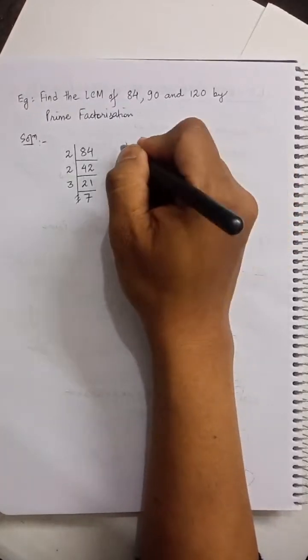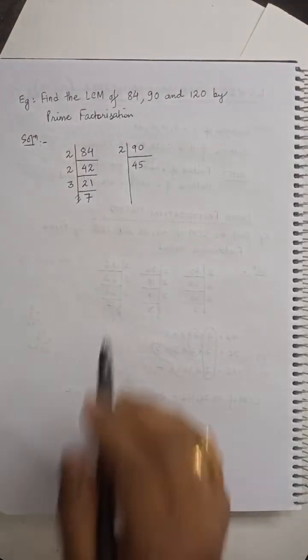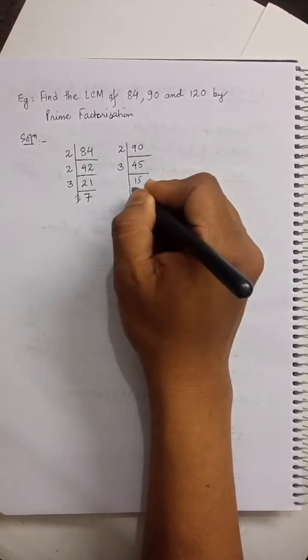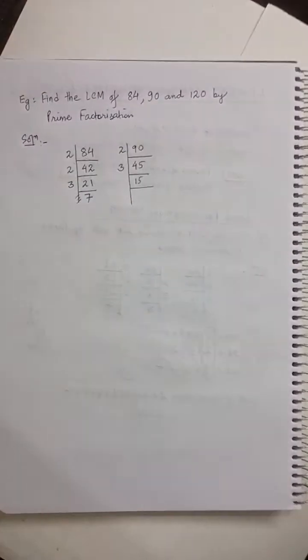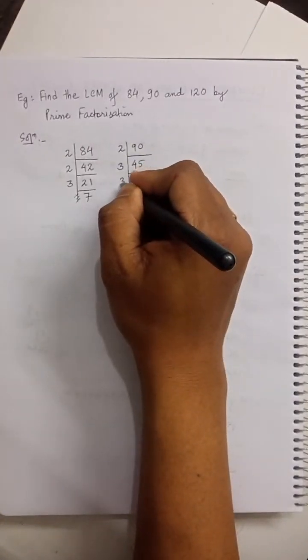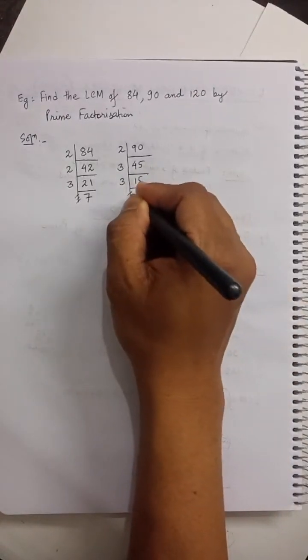Then 90. So we'll divide 90 by 2. 90 divided by 2 is 45. So 45 is not divisible by 2. So 45 divided by 3 is 15. Then we have to divide it by 3, and 15 divided by 3 is 5.